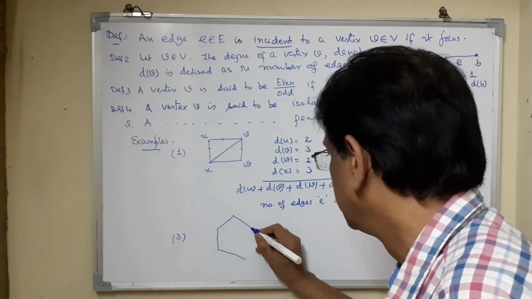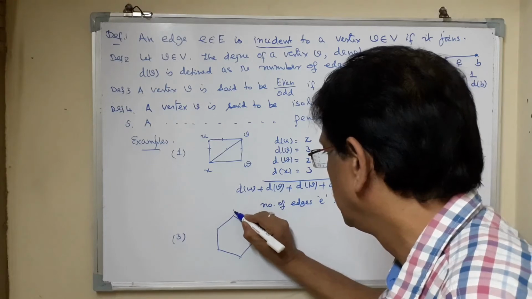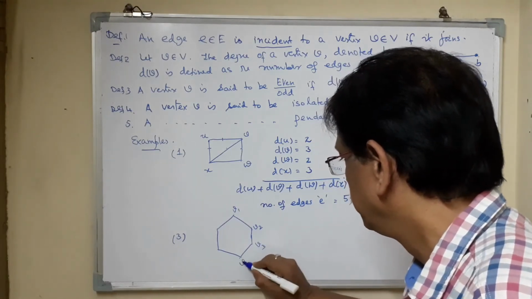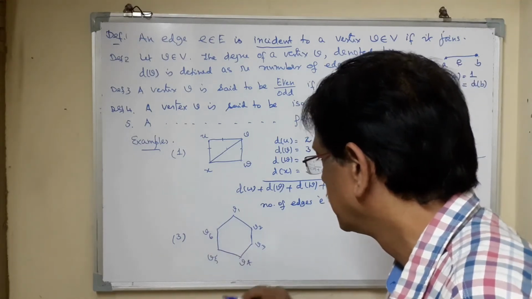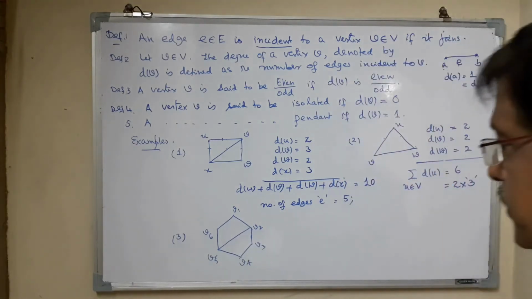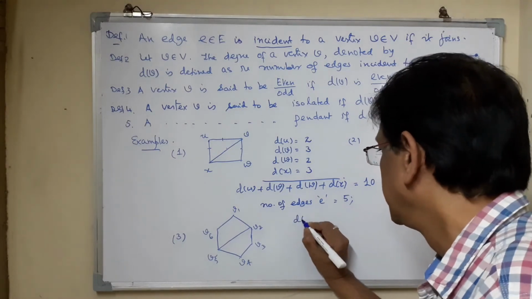I have the same old example. V1, V2, V3, V4, V5, V6. And I am just joining V2 and V5. Let us see the degree of V1.